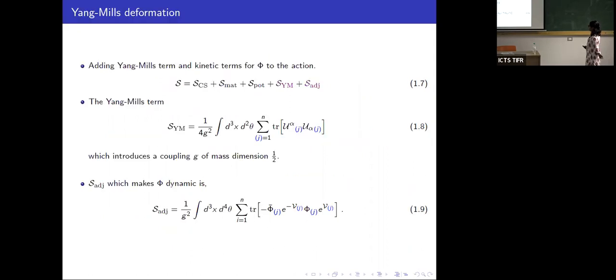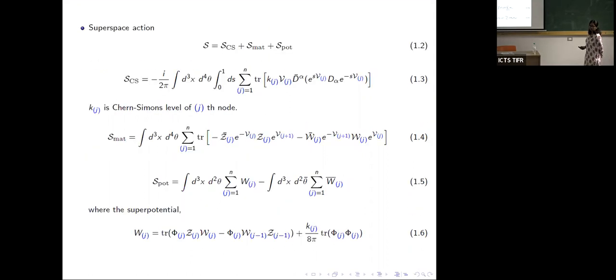Moumita, the action seems to have N equals 4 supersymmetry, the way you have written the Chern-Simons action has 4 thetas. No, so without this Chern-Simons term, it is N equals 4. But after adding the N equals 2 Chern-Simons term, it breaks supersymmetry.